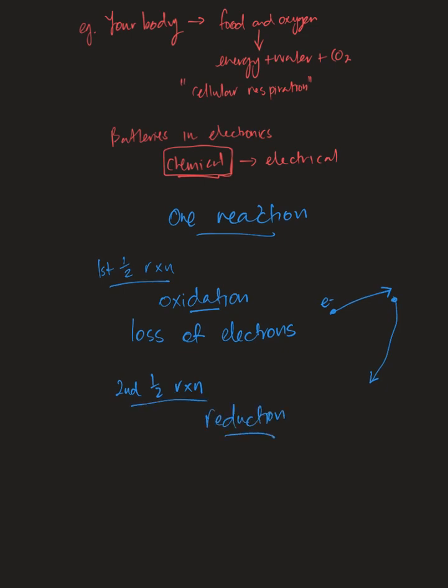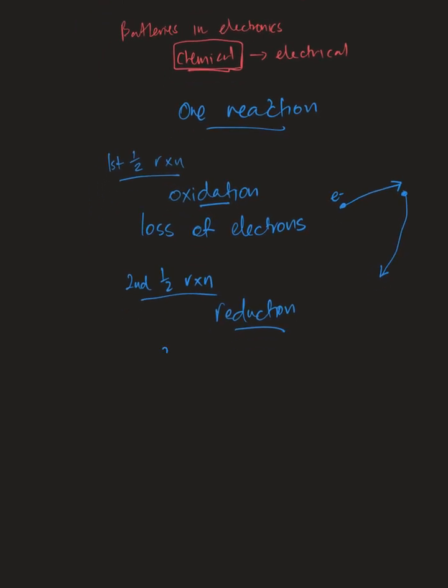And in reduction, we're going to have a gain of electrons. Whatever the oxidation half of the reaction loses, there must be something to collect it. Now in this situation, we say that it's oxidation that's going to lose. However, the area which is gaining is called reduction.